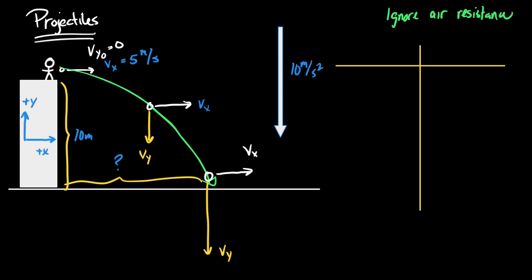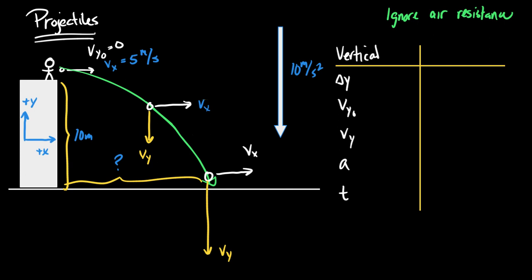The object is experiencing an acceleration in the y dimension. So let's talk about the vertical dimension. Since the ball is experiencing an acceleration in the y dimension, the ball has the properties of an object in uniform accelerated motion. Right?